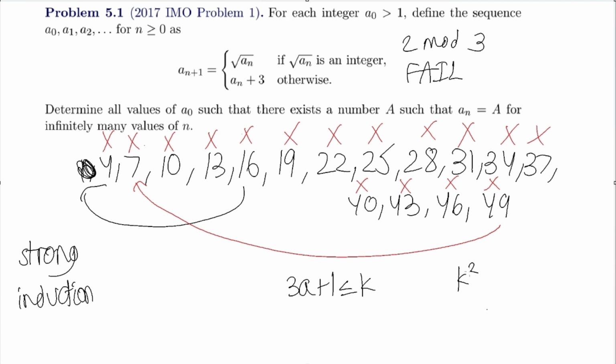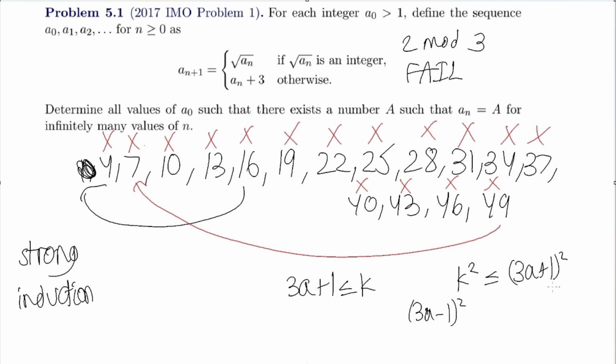Then that means that k squared is greater than or equal to (3a plus 1) squared. Okay, so what's the next perfect square smaller than this number? Well, the next perfect square smaller than this one is (3a minus 1) squared, at least the one that works, because it's 1 mod 3.